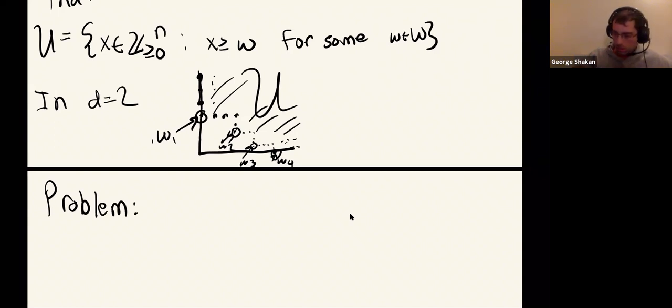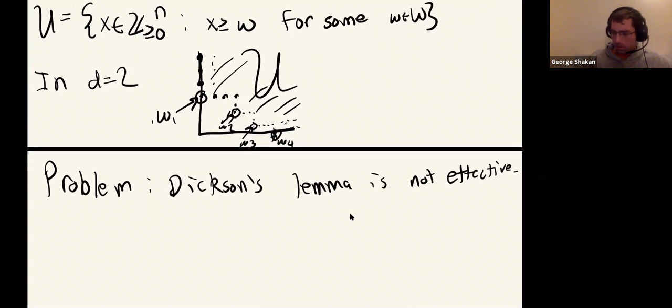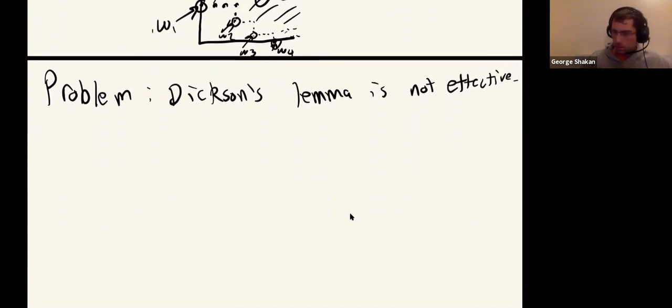But there's a problem, at least if you're interested in effective bounds. It's my feeling that it can't really be effective in general. It's just the nature of what it's saying.